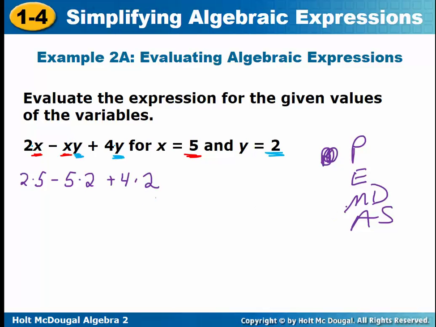No. So our next step is to do any multiplication and division as it shows up. Multiplication, lots of it. There's a 10, there's a 10, there's an 8. Okay, we did that step. Now we do any addition and subtraction as it shows up. Now in this case, subtraction shows up first. So 10 minus 10 is 0, plus 8 is going to be equal to 8.